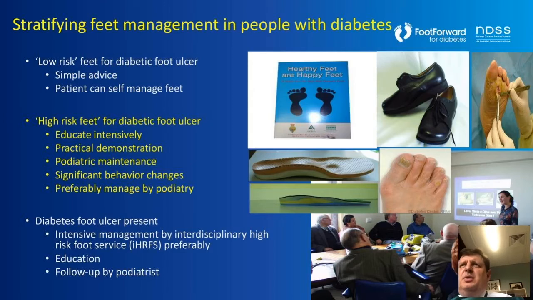And in subsequent webinars through the FootForward initiative, you're going to see a more nuanced approach, a more helpful approach. But in general, if people have low risk, they don't have neuropathy, PAD, and other risk factors, then their intensity of follow-up can be less. If they have a new onset foot ulcer, they should go to the high-risk foot service pronto.